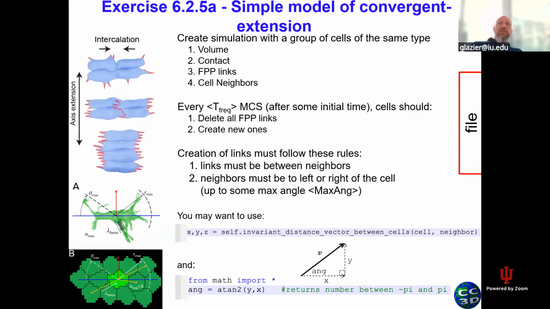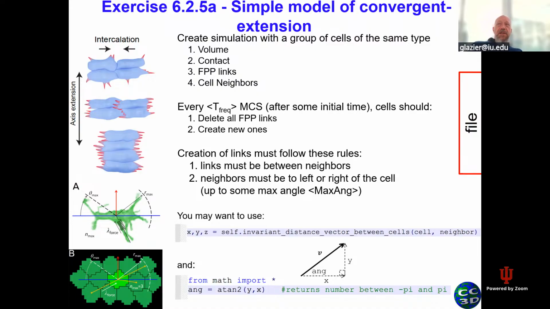And then the rule for the link creation is exactly what we had before for the migrating cell, except that we could create links both to the left or to the right. So instead of just having the angle be towards the right, minus that angle is also allowed.